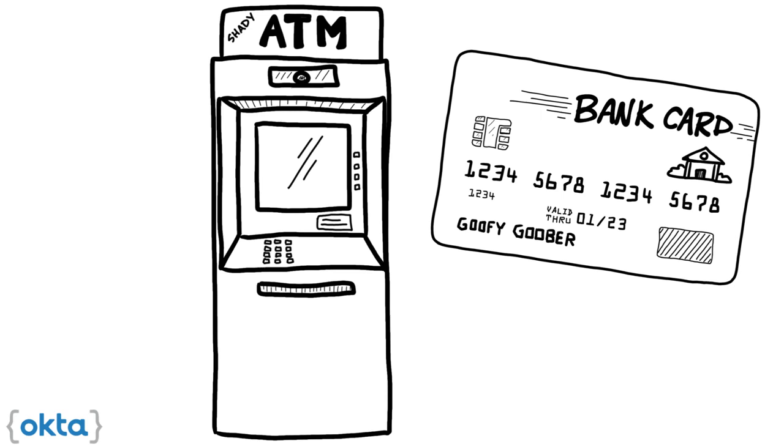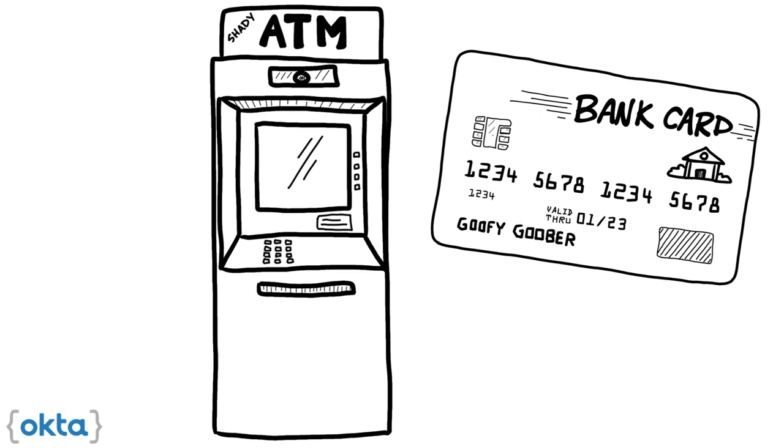Your bank card is the token that's issued by the bank. It not only gives the ATM access to your account, the authorization, it also has some basic information about who you are, your identity, such as your name, and authentication information such as when the card expires, who issued the card, and the bank's phone number.